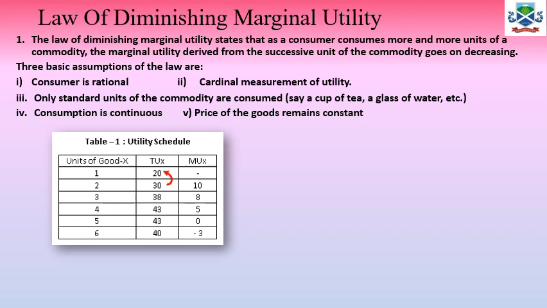Now the second unit we will find using TU n minus TU n minus 1. If consumption is successive, you just subtract: 30 minus 20 gives 10. Similarly, for the third unit, 38 minus 30 gives you 8.